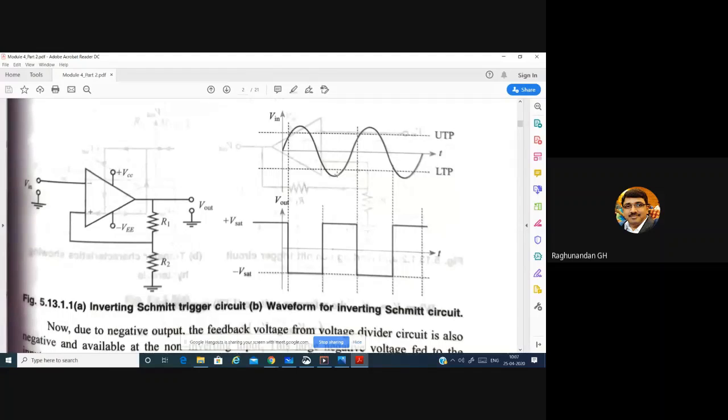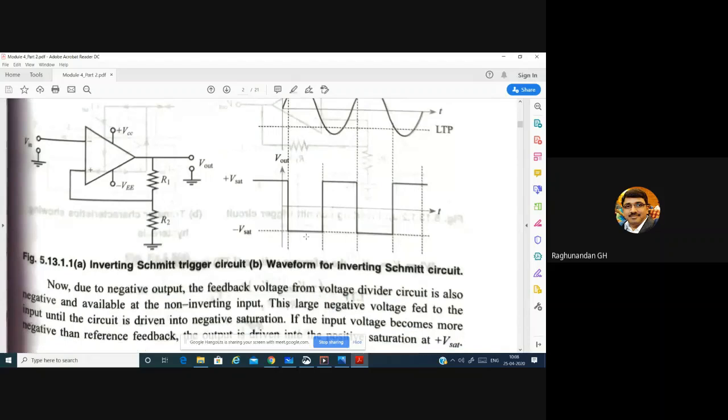Whenever the input crosses the reference voltage which we connect to the Clipper circuit, that part of the signal appears across the output. But here it is just the reverse because we are giving the input to the inverting terminal. So this is how we are able to swing between plus V saturation and minus V saturation.